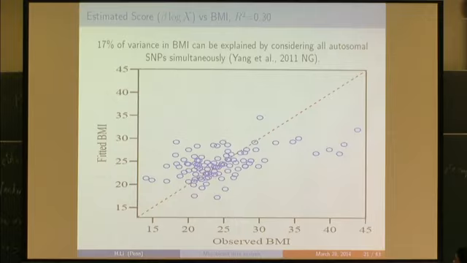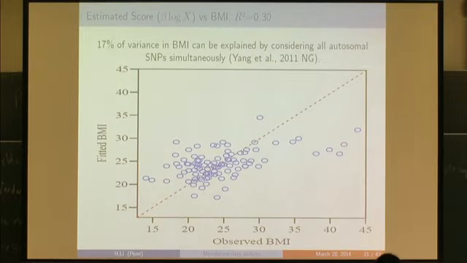What they estimate is that 17% of the variance of BMI can be explained by considering all the autosomal SNPs. But in our data set, if this R-squared of 0.3 is truly true, this is actually very informative, right? Basically it says 4 bacterial genera can explain more variability of BMI than the genetic variance.